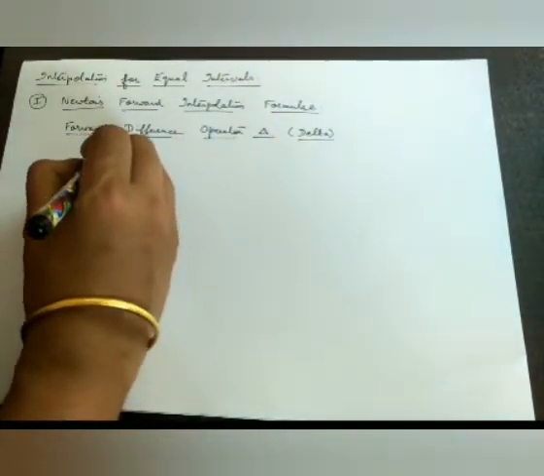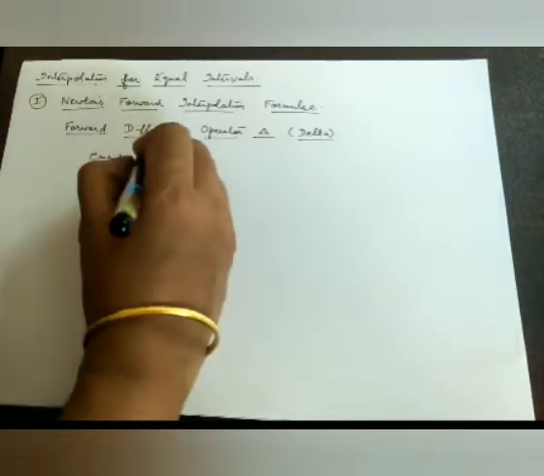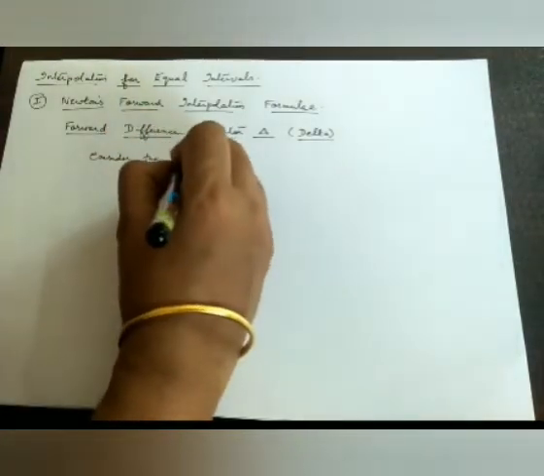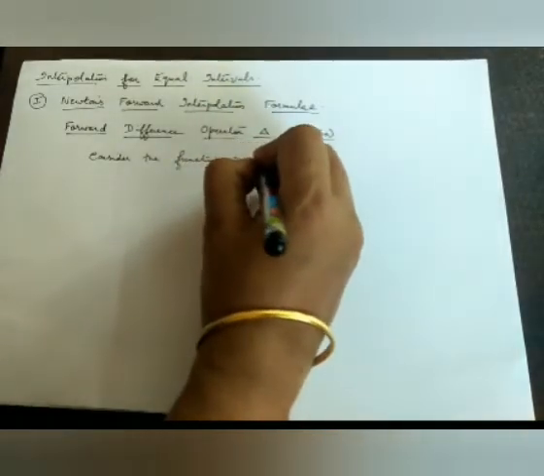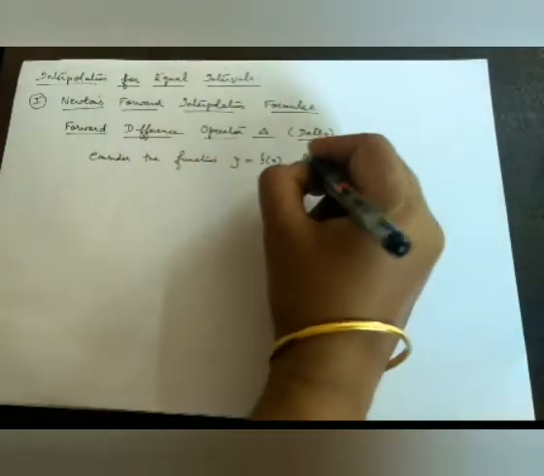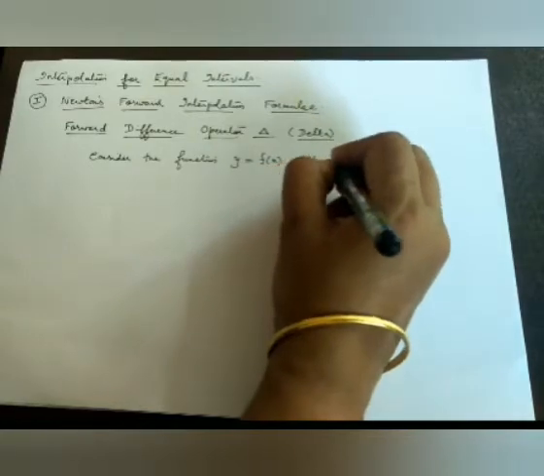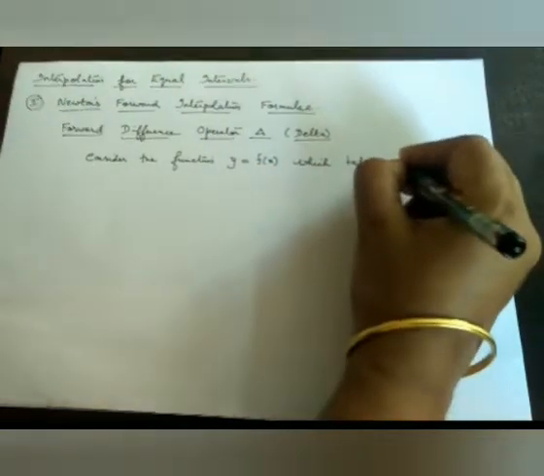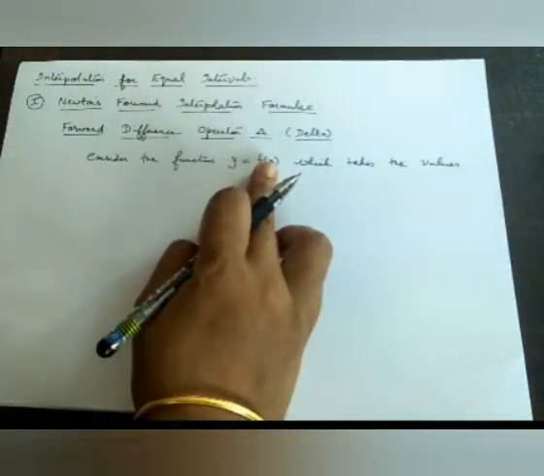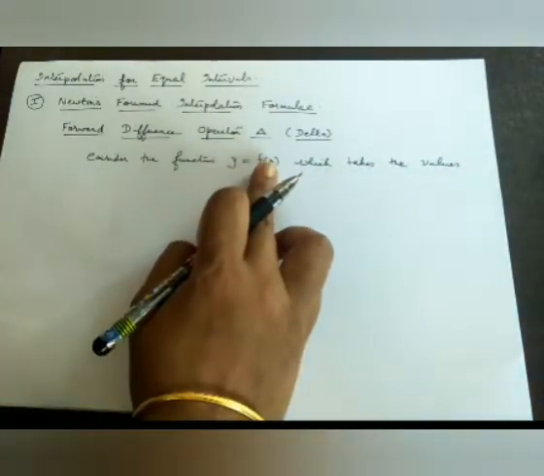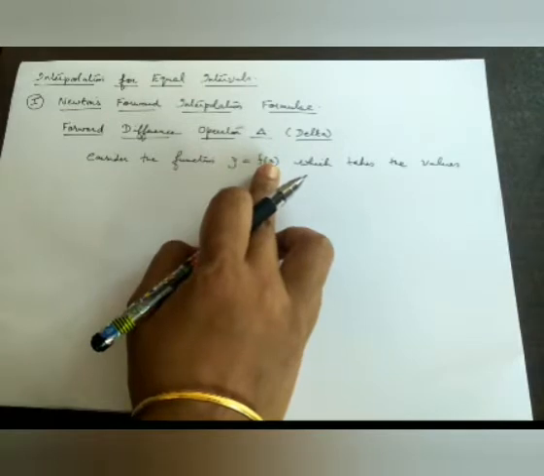Here, consider the function, the usual one, y is a function of x, which takes the values. Here, I am giving values for x: x0, x1, x2, x3, etc. up to xn.